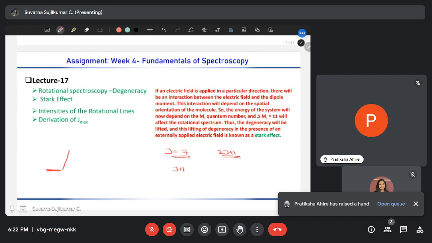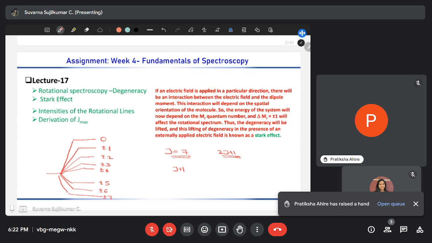So the energy levels will be split in such a way that this will be 0, and we have plus or minus 1, followed by plus or minus 2, plus or minus 3, plus or minus 4, plus or minus 5, plus or minus 6, and plus or minus 7.